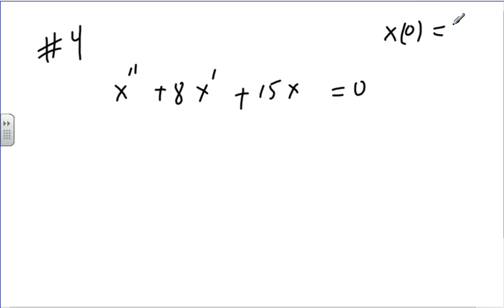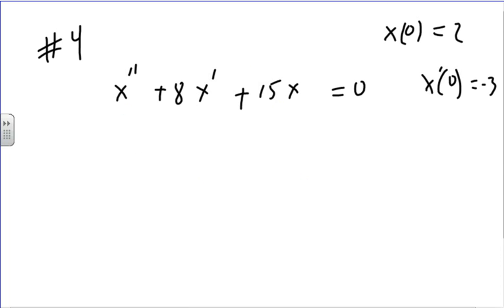Number 4, I have x double prime plus 8x prime plus 15x is 0. x at 0 is 2, x prime at 0 is minus 3. And I've got a characteristic equation, and I can factor it.